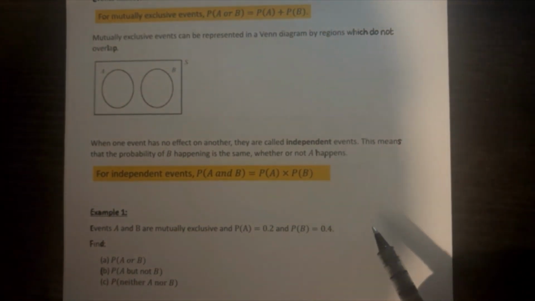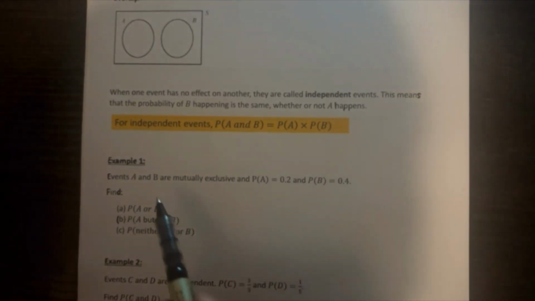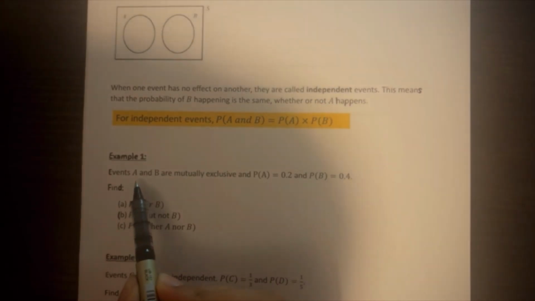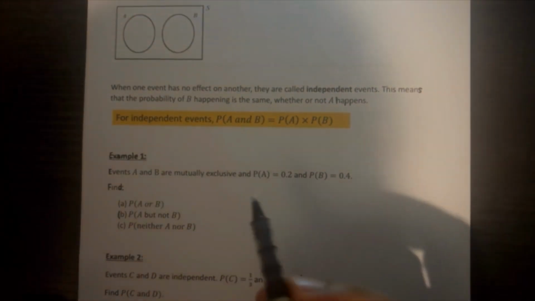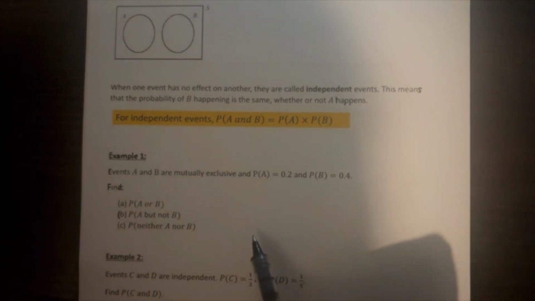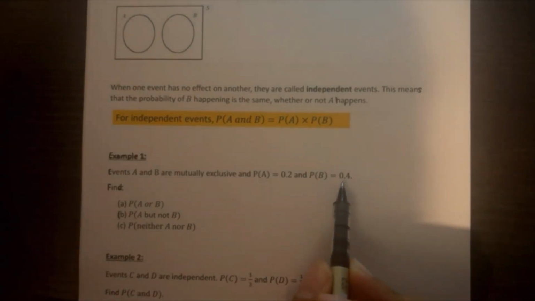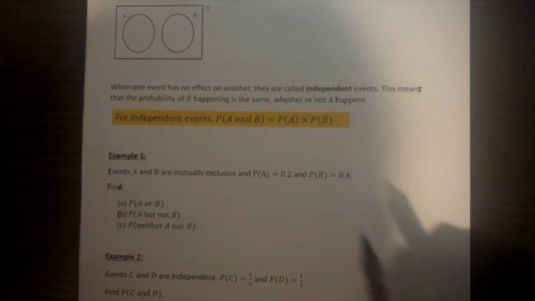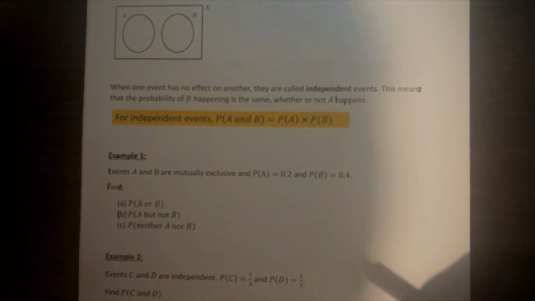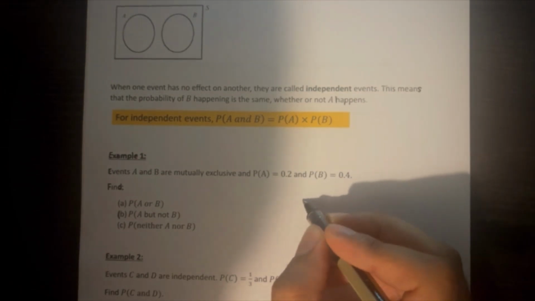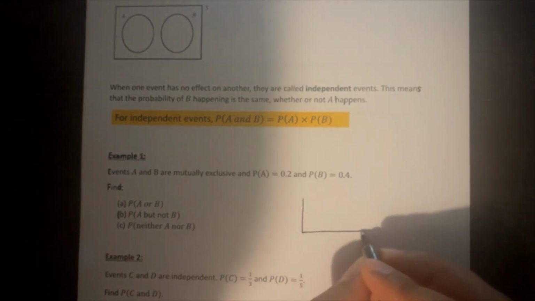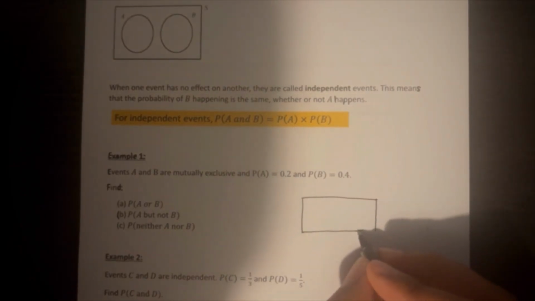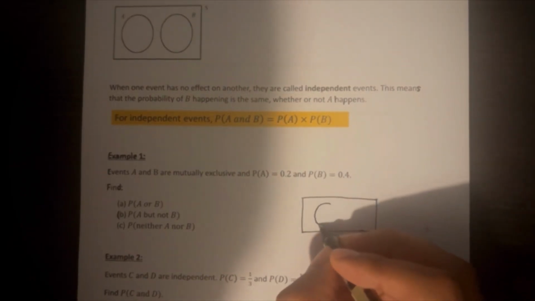Just looking at a couple of examples then. In our first example, we're told that events A and B are mutually exclusive, and the probability of A is 0.2 and the probability of B is 0.4. Before we look at any of the questions, I want us to consider the idea of mutually exclusive events and our ability to represent those in a Venn diagram with no intersection.